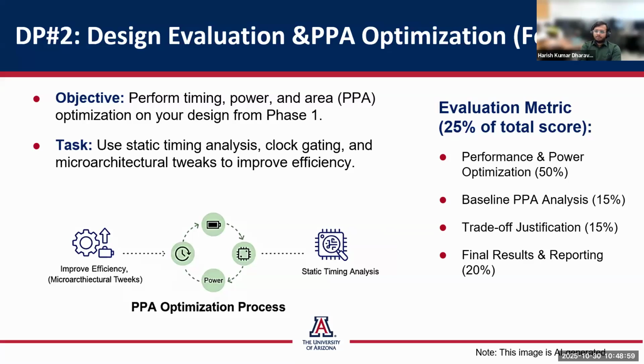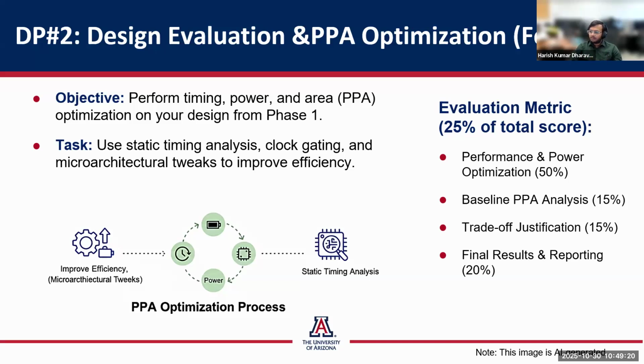In terms of power, you're going to make sure your design is consuming very little power and giving more efficiency. Area is another aspect where we are going to try to reduce area as much as possible for better optimization.